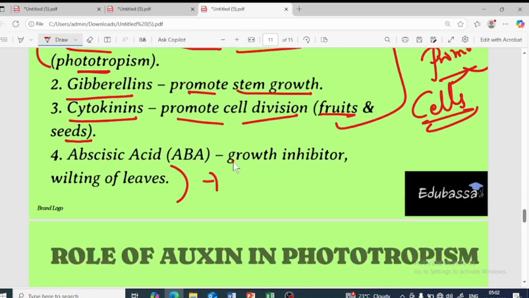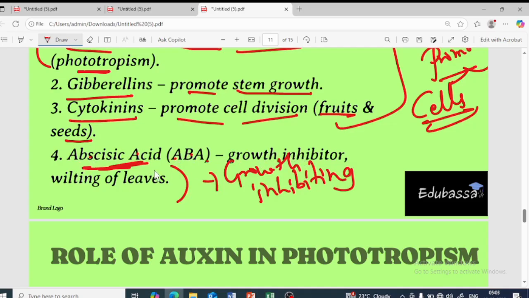Abscisic acid is a growth inhibiting hormone. Growth inhibiting in the sense that it doesn't promote growth, it inhibits the growth, it lessens the growth. Example is abscisic acid, ABA. So it is a growth inhibitor.